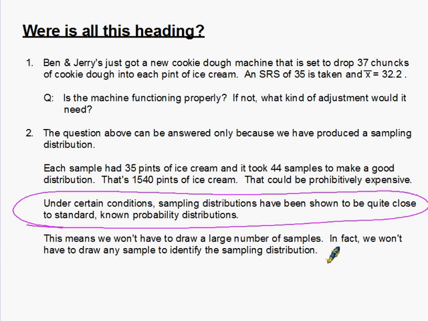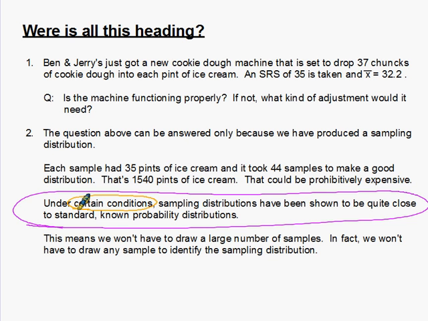In fact, we won't have to draw any samples to identify the sampling distribution. What we have to do is know about these certain conditions. If these conditions are met, then we already know, we can identify the sampling distribution.